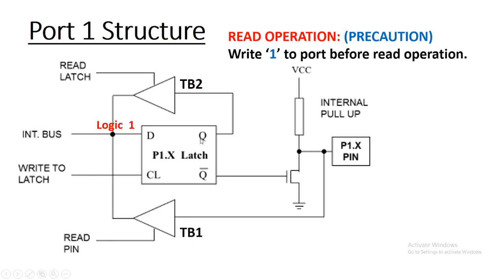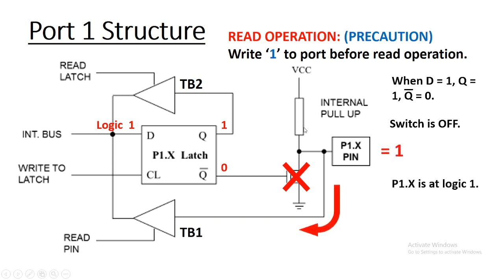When logic 1 is applied to the D input, Q and Q bar are 1 and 0 respectively. Because of this, the switch is off, because 0 is connected to the gate of this FET. Since the switch is off, whatever data is supplied by the external device will follow this path and be stored in this tri-state buffer.